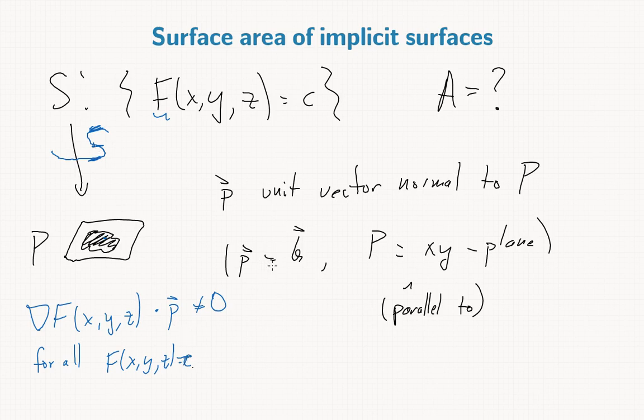So this is why we might want to take other choices of P, in case we need to project onto a different plane, like this.